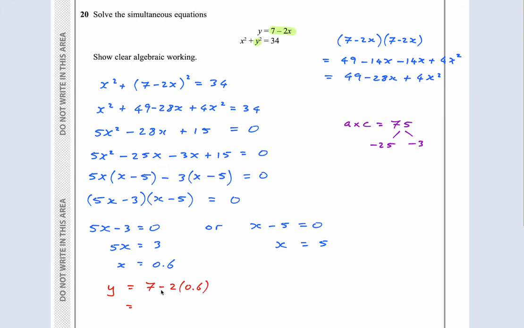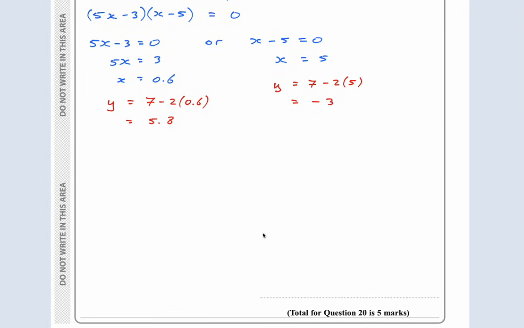Now do that on your calculator, guys, if you want. 2 times 0.6 is 1.2. 7 minus 1.2 is 5.8. Similarly here, y is equal to 7 minus 2 times 5, which is 7 minus 10, or -3. So I'm left with two solutions.